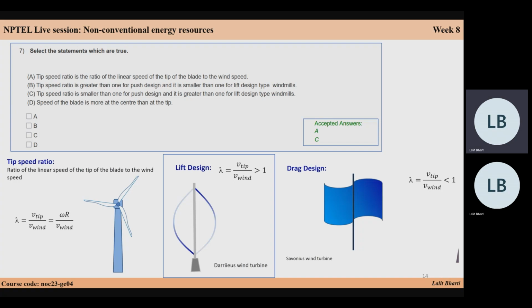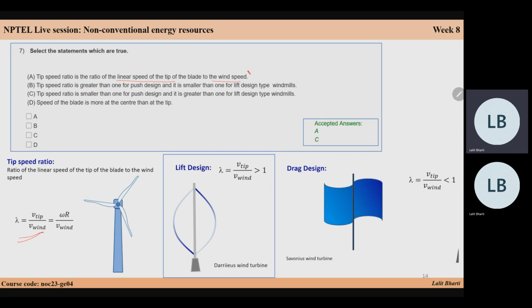It says, select the statements which are true. A is: tip speed ratio is the ratio of the linear speed of the tip of the blade to the wind speed. So basically this is the ratio of tip versus wind.